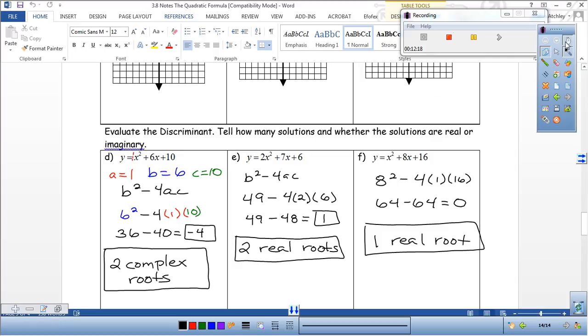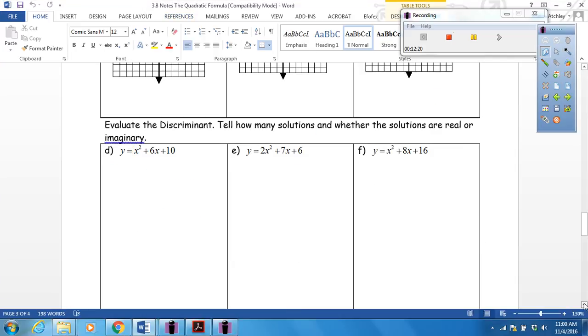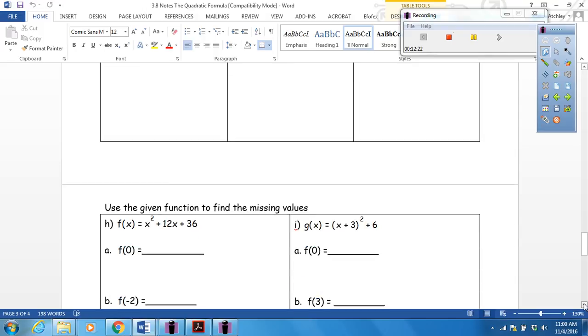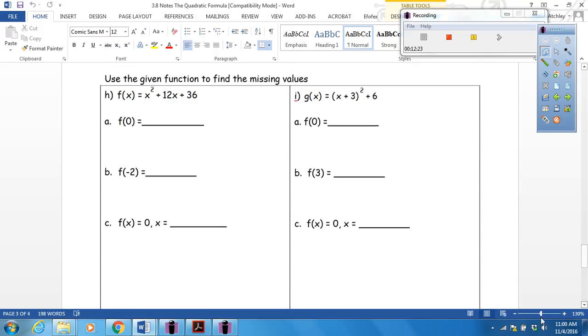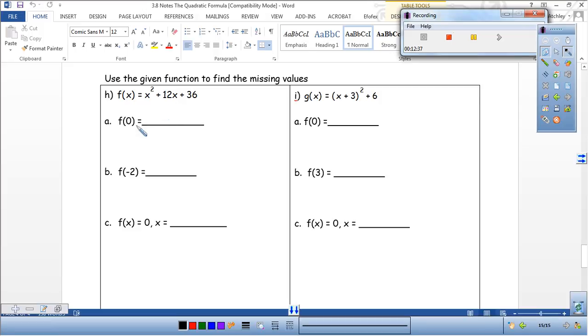Okay, the back side is just a review of our function notation and what each means. So we have f of 0 equals, okay, that's what we're looking for.